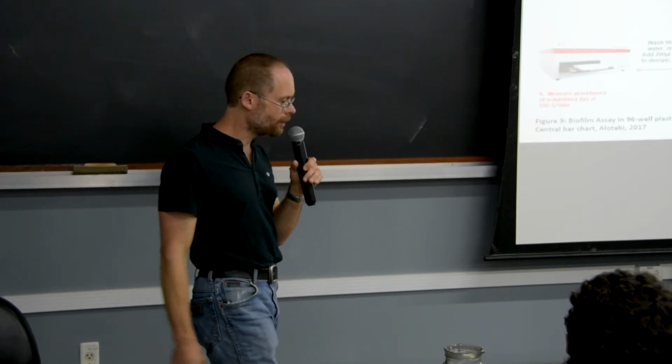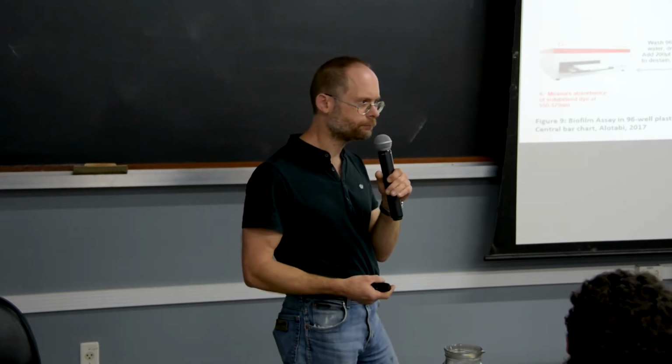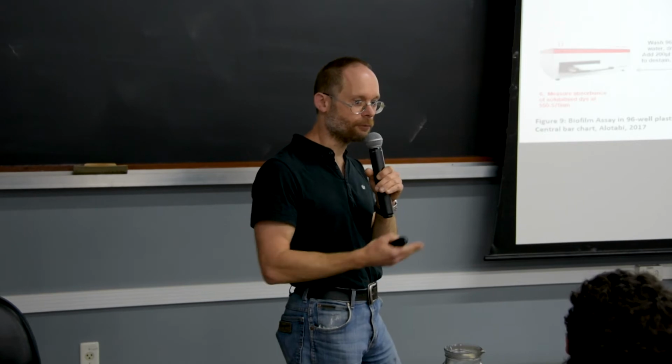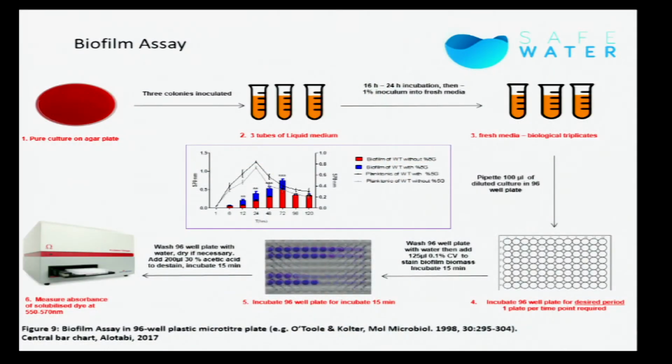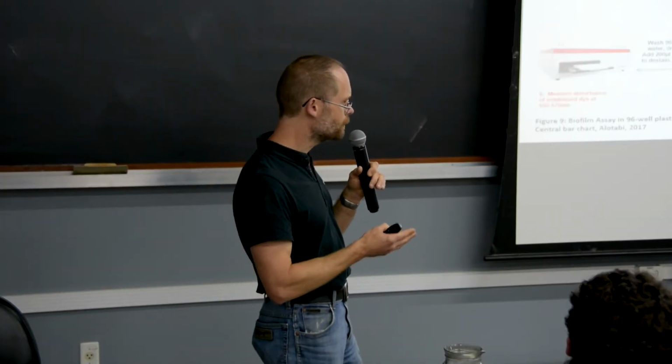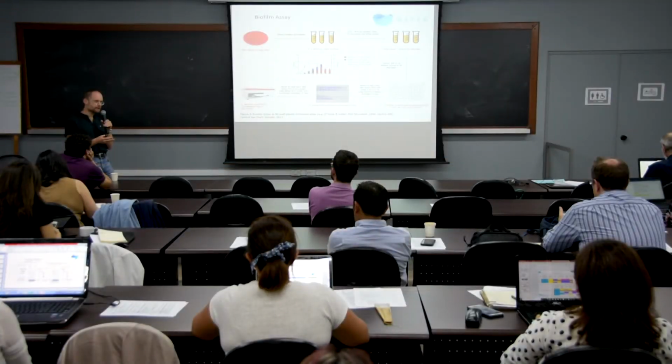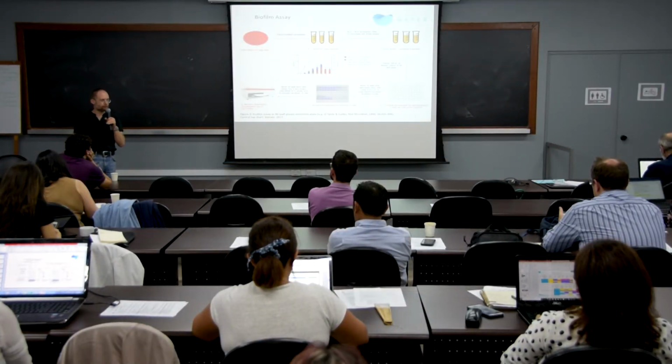We then allow that to grow for a period of time, 12, 24, 48 hours, that kind of thing. And we can measure the optical density in the wells to give us a planktonic reading. And then we drain away the bacterial culture, rinse the plate, stain with crystal violet, drain that out and rinse. And if you hold the plate up to the light at that point, you can see it's a little bit blue.